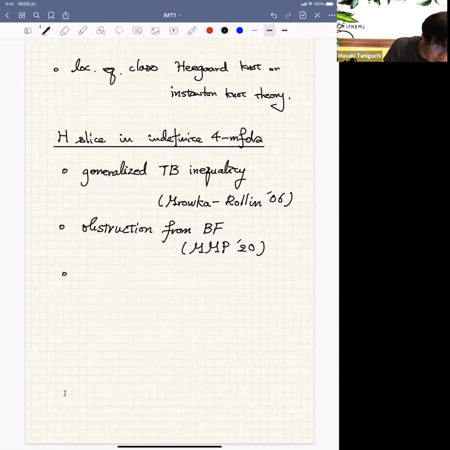In that paper, they also gave some 10/8 type obstruction. This is coming from the 10/8 inequality proved by Furuta.